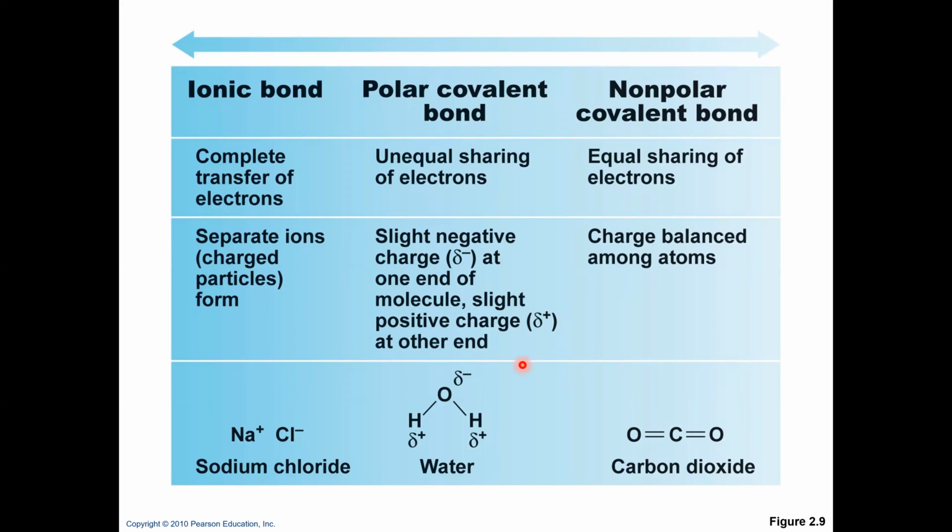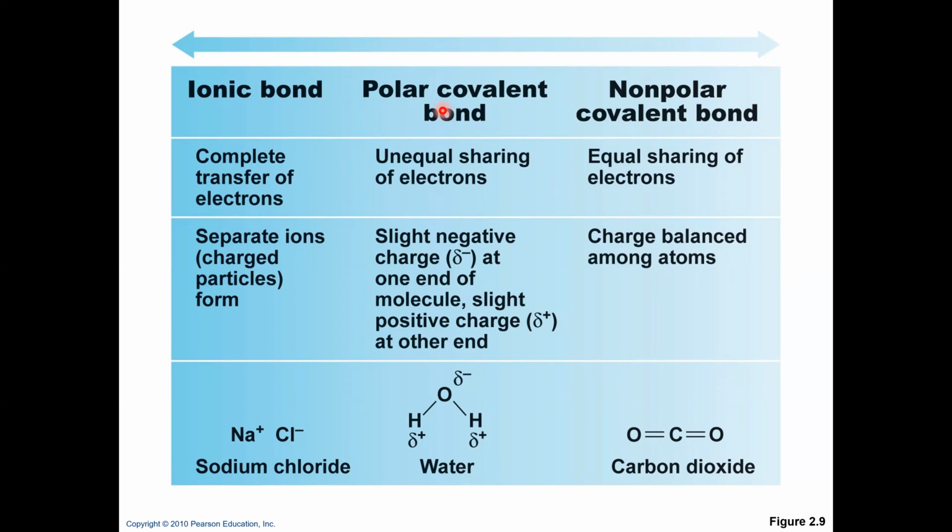Now here you can see this summary, right? When we have non-polar covalent bonds, then we have equal sharing of electrons, and charge is balanced among atoms. So that's our carbon dioxide example.